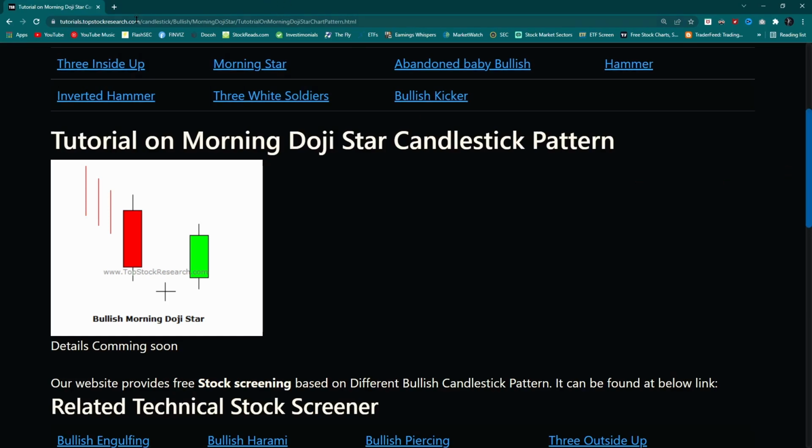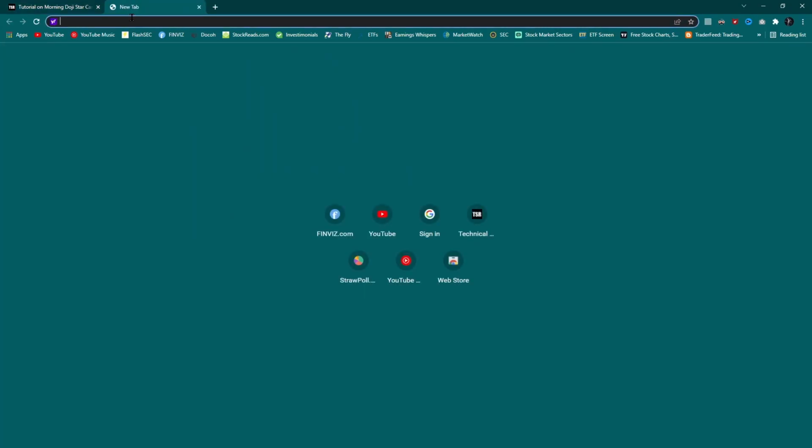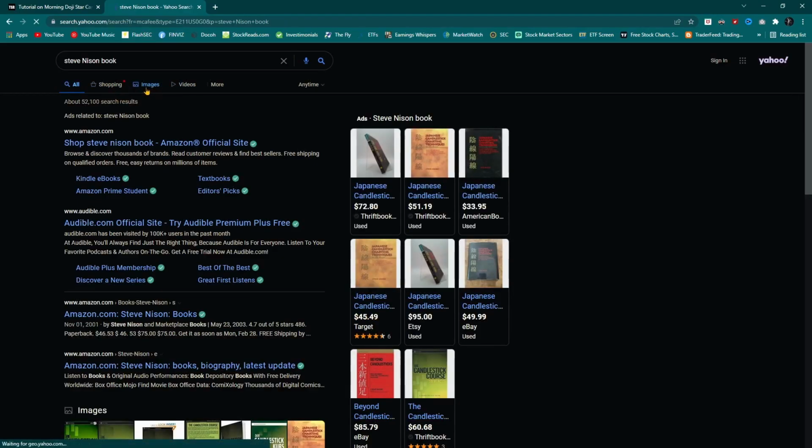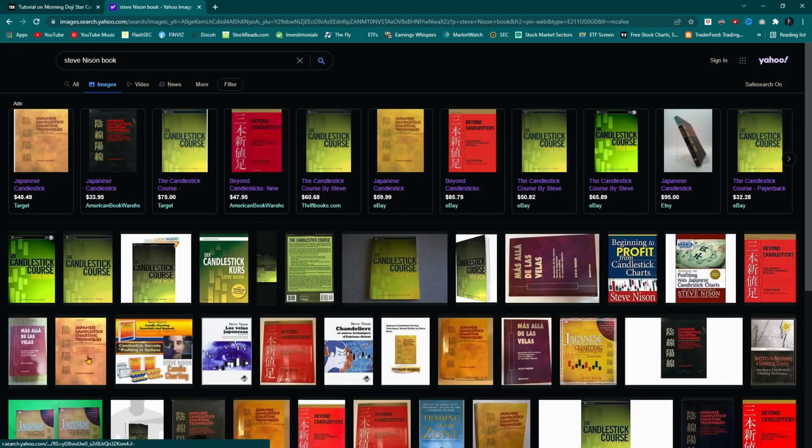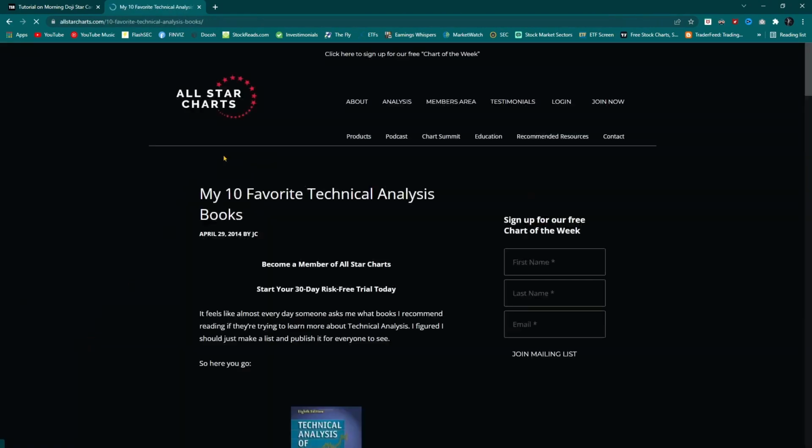And if you guys go through and you read Steve Nison's book, I'm going to show you which one it is, and I've made countless videos on this. If you read this book right here, Japanese Candlestick Charting Techniques, this book is going to tell you everything that you need to know when it comes to candlesticks.